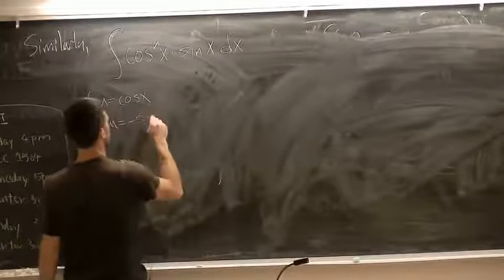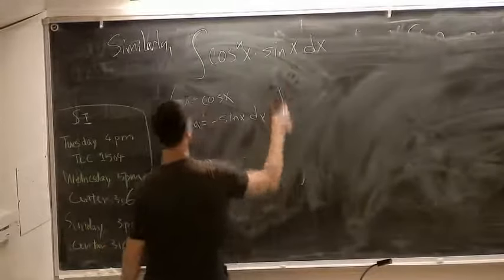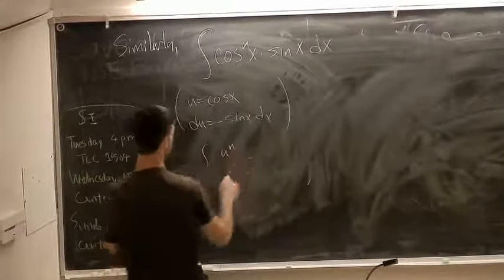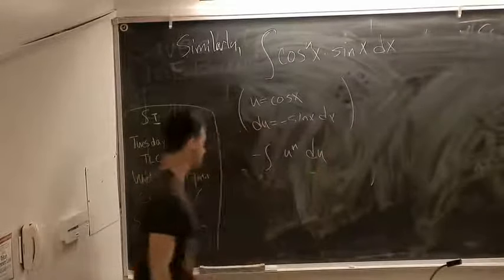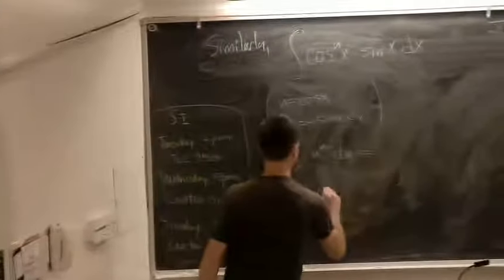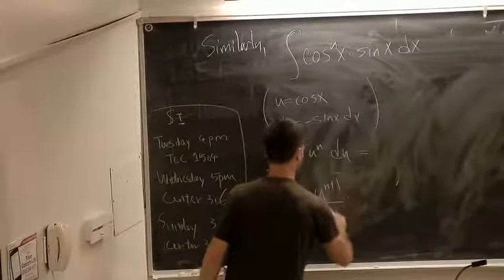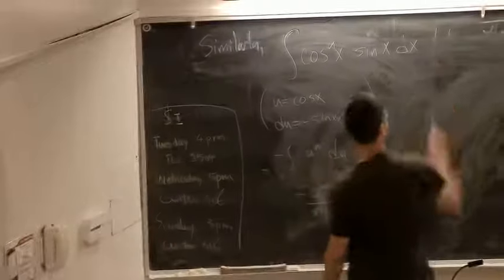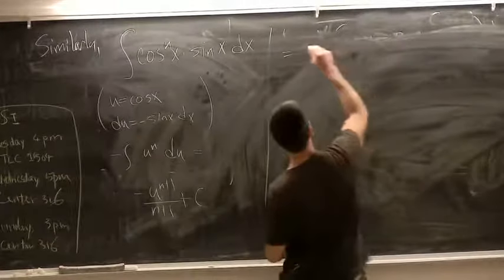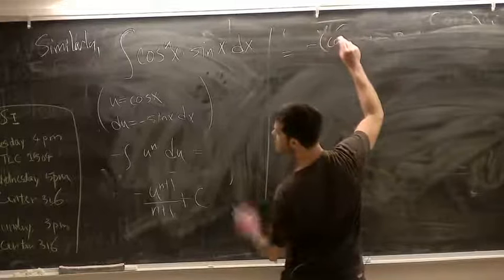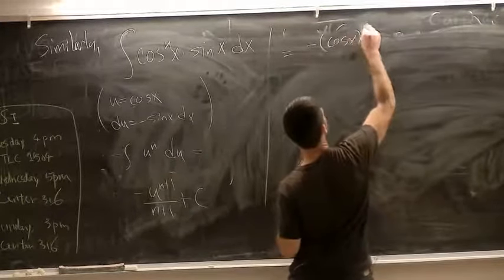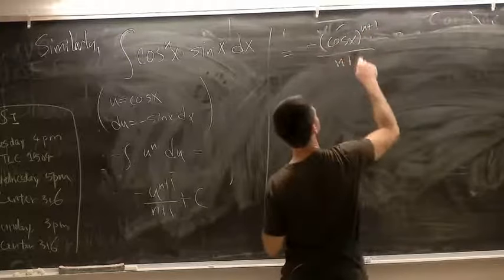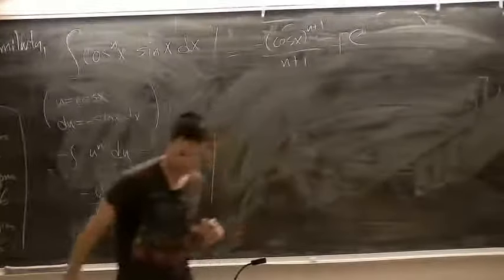So du is negative sine x. And we'll get u to the n, negative sine du. And so this is negative u to the n plus 1 over n plus 1 plus c, which is negative cos x to the n plus 1 over n plus 1 plus c. Okay.